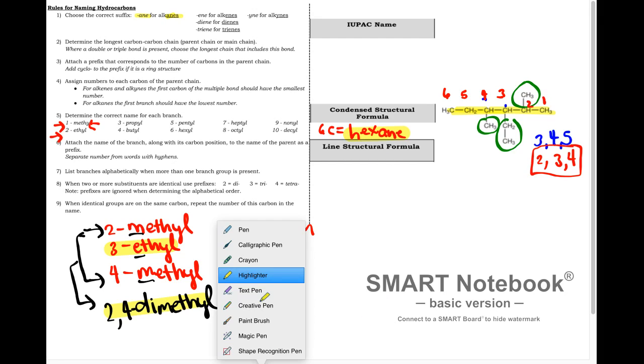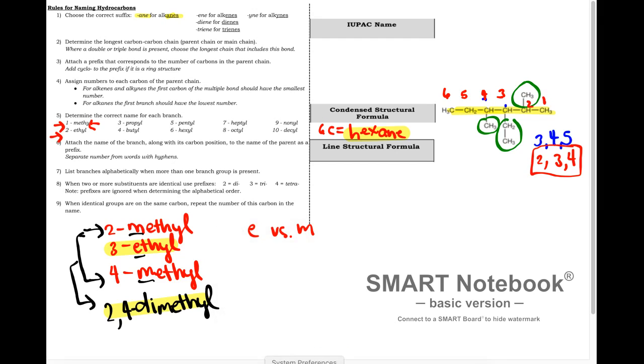We're going to combine them all together to make one single name. We need to go in alphabetical order when it comes to our substituents. So we're first going to write 3-ethyl. Because we have a number afterwards, because this is our next substituent, we have to write a hyphen here, a dash. 3-ethyl, 2,4-dimethyl, and then our final parent chain, hexane.